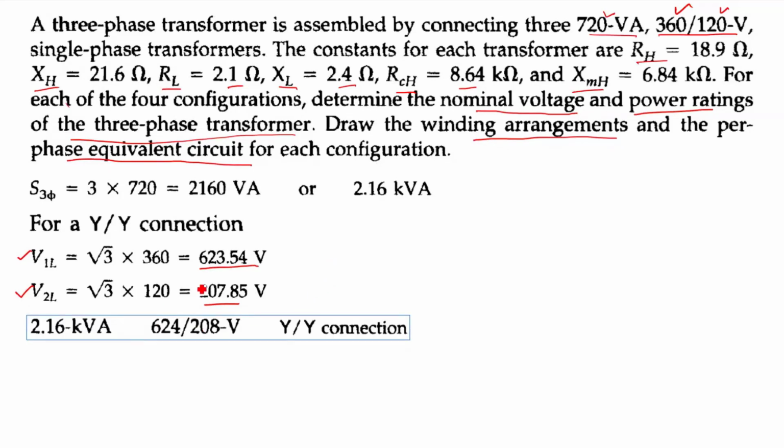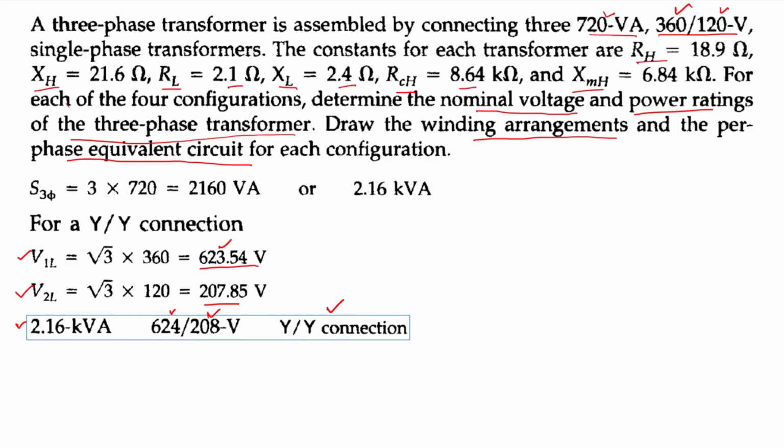By approximation these voltages can be made 624 to 208. So for the star star connection, your transformer rating is 2.16 kVA, and nominal voltages are 624 to 208 volt.